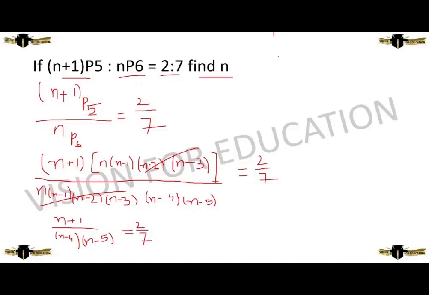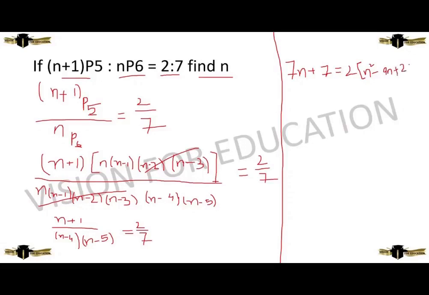We are going to do cross multiplication. That is 7n plus 7 equal to 2 into (n square minus 9n plus 20).